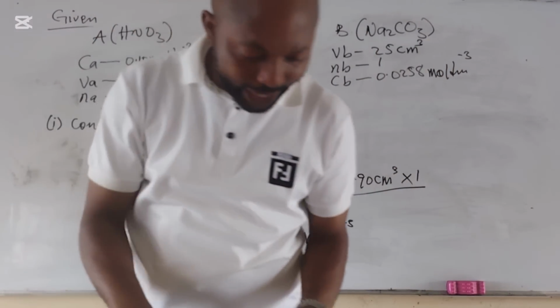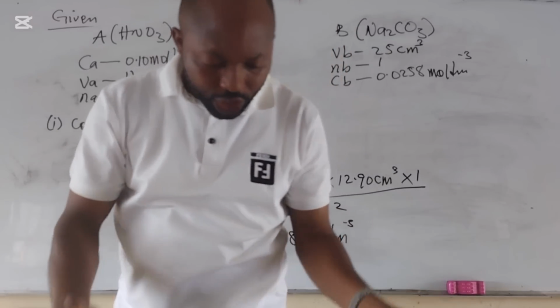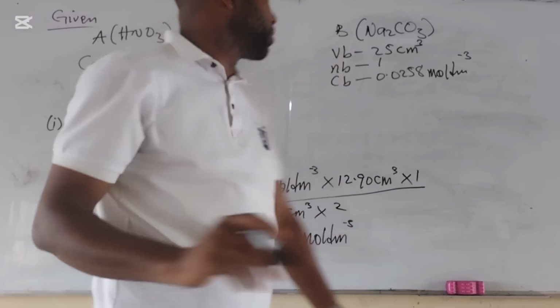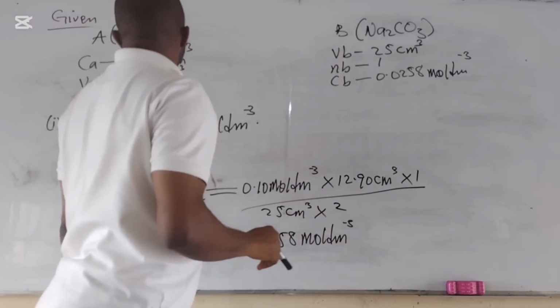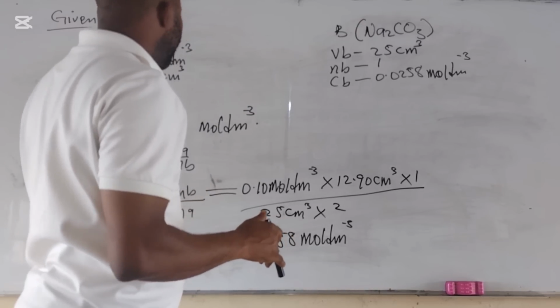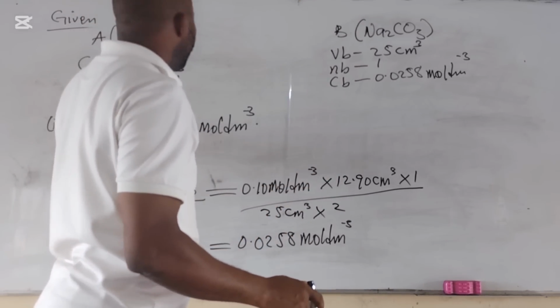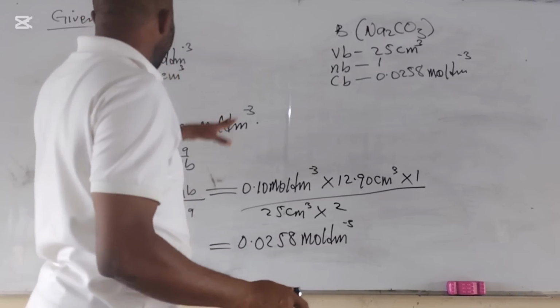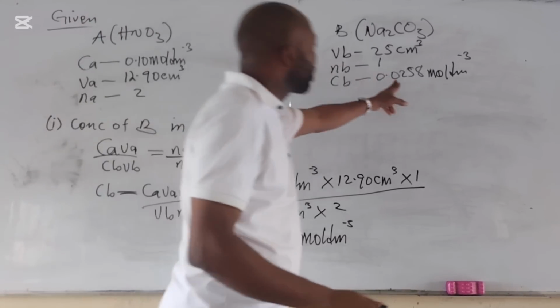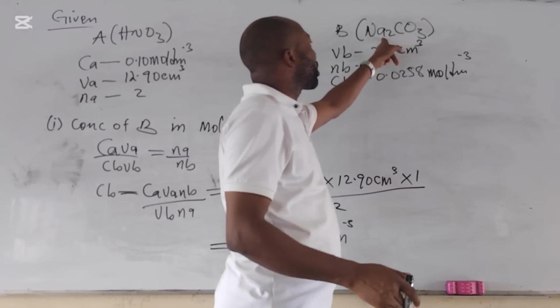The next question asks for the concentration of B in g per dm cube. The g per dm cube of B becomes the molar concentration times the relative molecular mass.